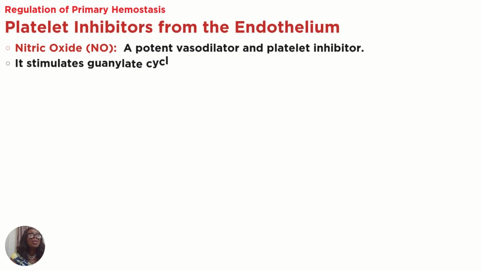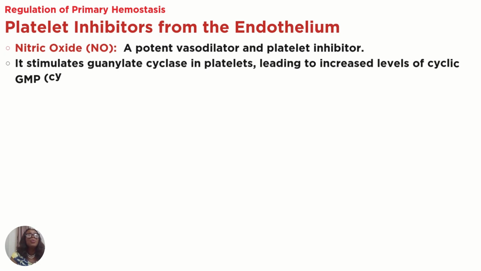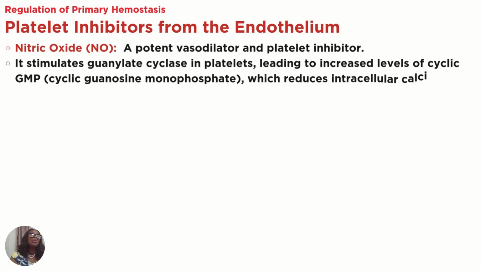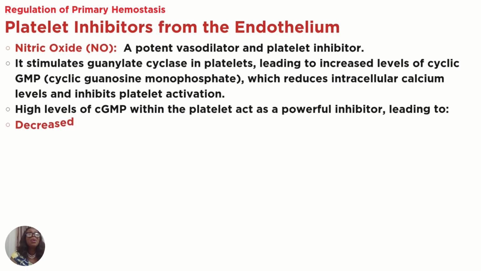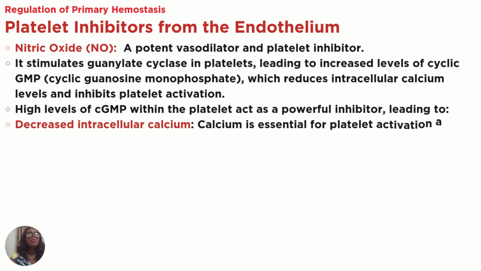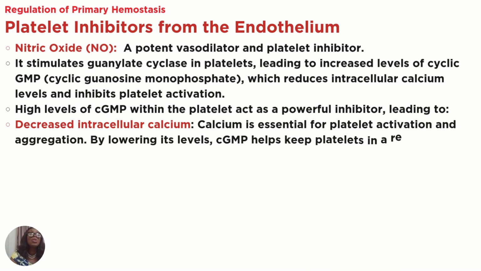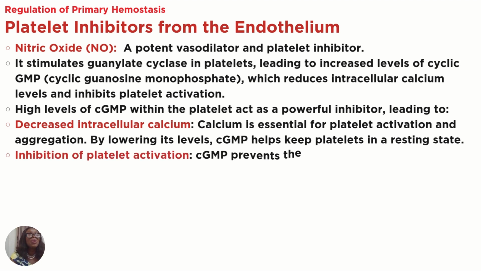We have another platelet inhibitor and a potent vasodilator, which is nitric oxide, and it exhibits its function by stimulating guanylate cyclase in platelets, leading to increased levels of cyclic guanosine monophosphate, which reduces intracellular calcium levels and inhibits platelet activation. So nitric oxide also inhibits platelet activation and is also a vasodilator.